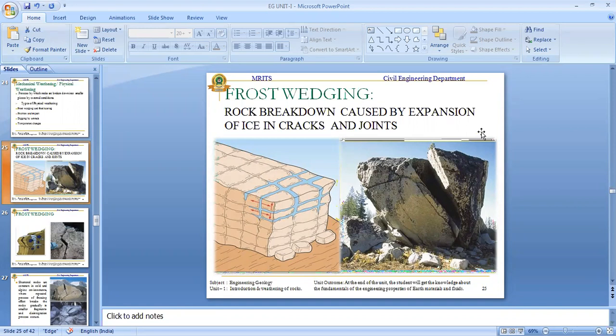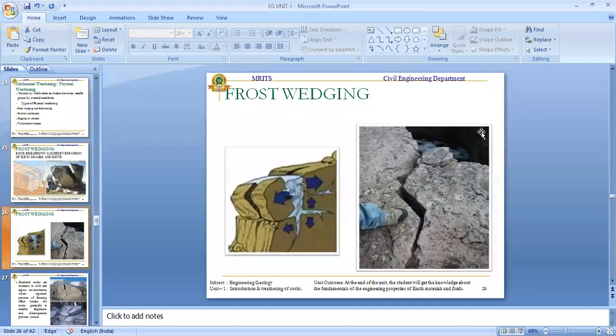So it's going to lead to an impact as well as widening of the cracks. Whatever cracks we are seeing will be widened because of the accumulation of water and changing its state. This causes expansion and the weathering starts. This type of weathering is called physical weathering.